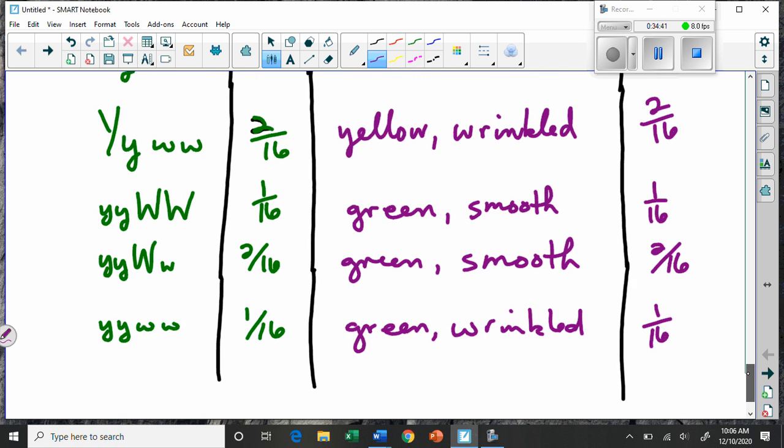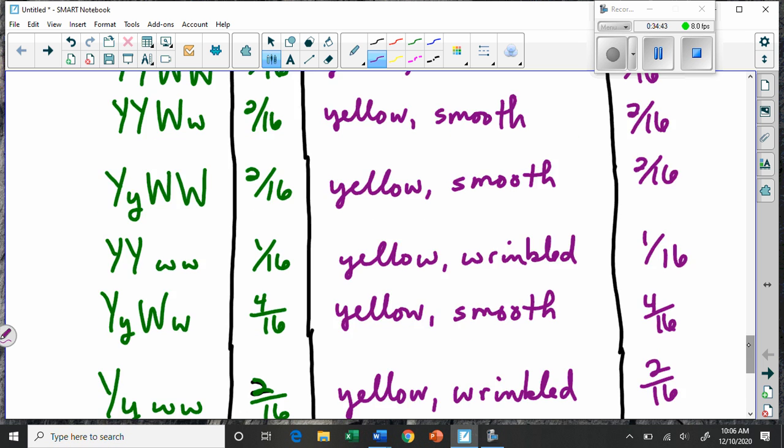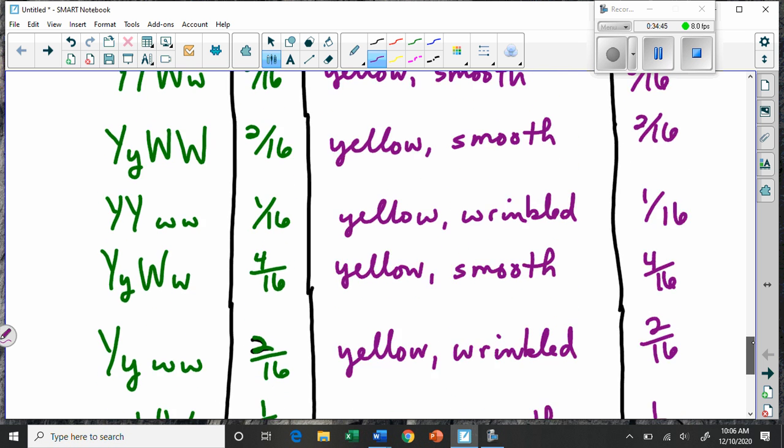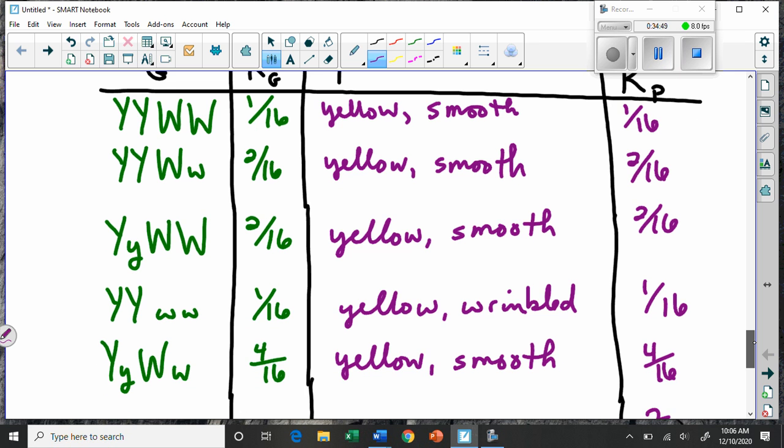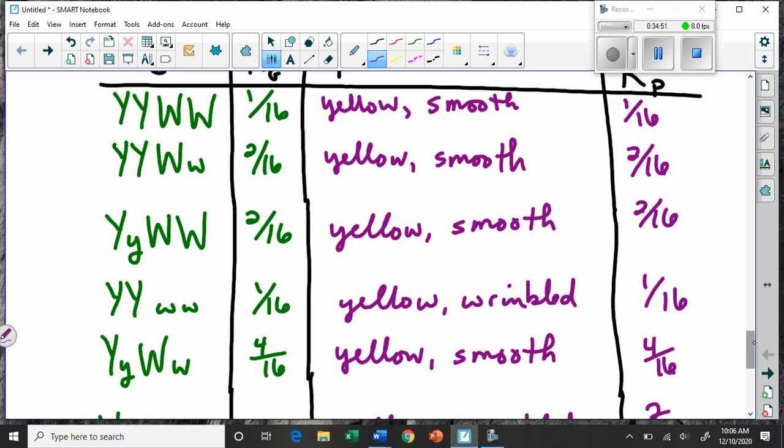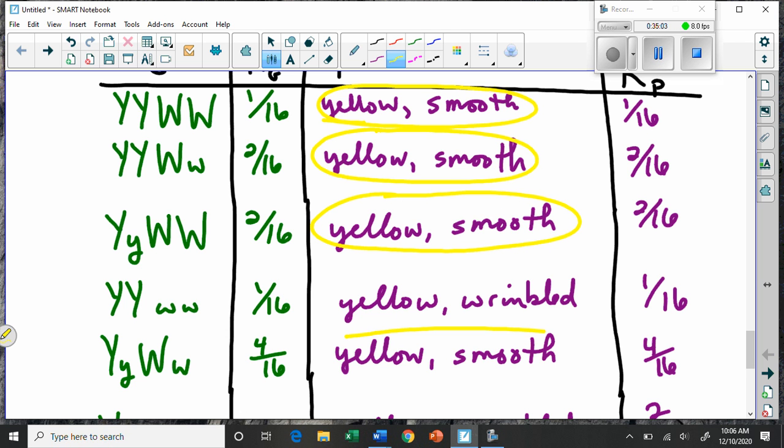So in our chart here, the genotype ratios in green are all correct. But the phenotype ratios, there's overlap. There are some that look the same. So now we have to do the phenotype ratios by summarizing them and adding them together, because these numbers aren't right. So we've got to take this one, yellow and smooth, yellow and smooth, yellow and smooth, and down here, yellow and smooth.